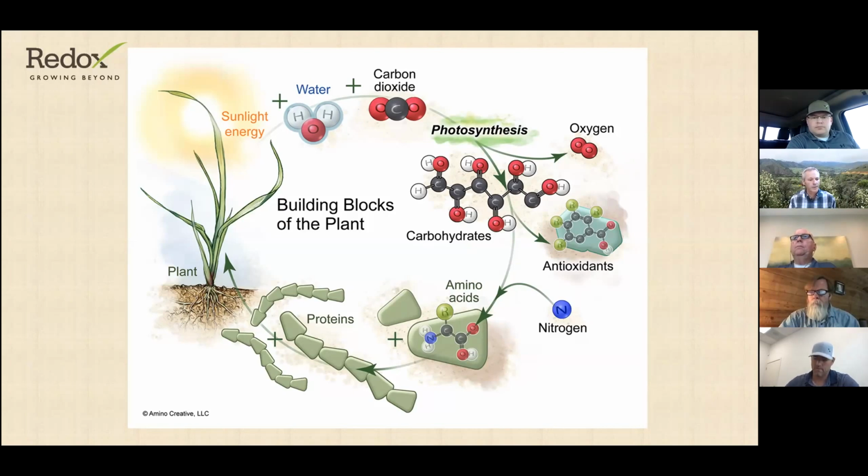Carbohydrates are then processed by the plant and used to create proteins and antioxidants to help the plant deal with all types of oxidative stress. Amino acids are produced when carbohydrates are combined with nitrogen, which result in proteins, and this results in plant growth.